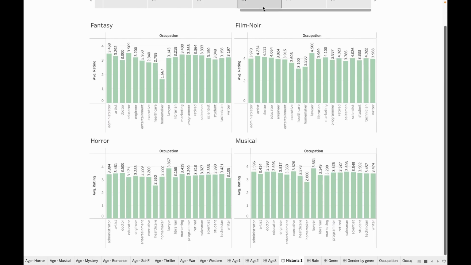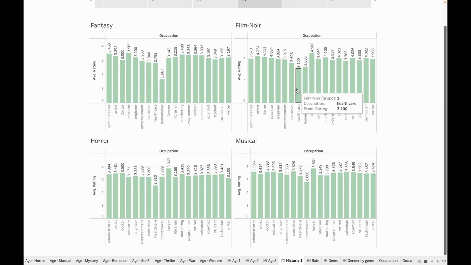Okay, and then we have fantasy, where the ones that rated the worst are homemakers, and this is the worst average for occupation. Then we have film noir, which has the highest average rate for occupations, and the ones that give it are lawyers.